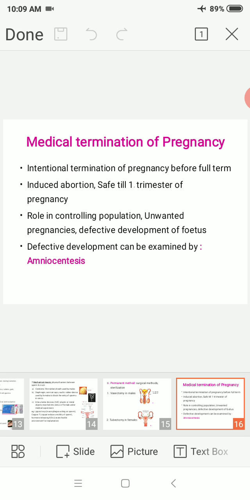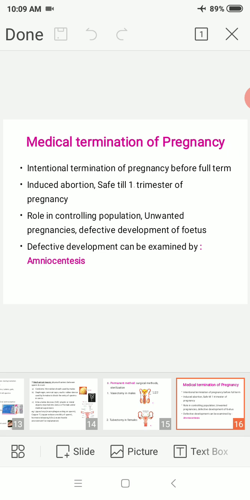Now next, medical termination of pregnancy, called MTP.